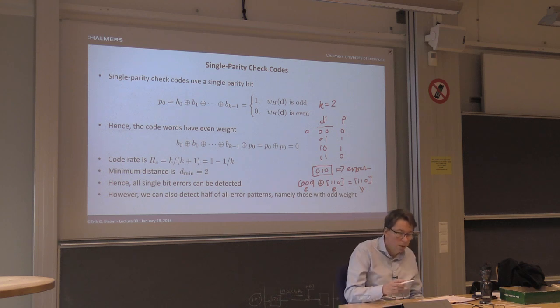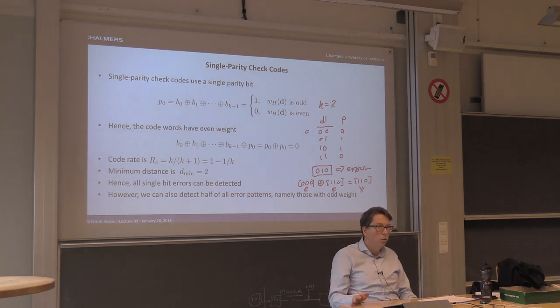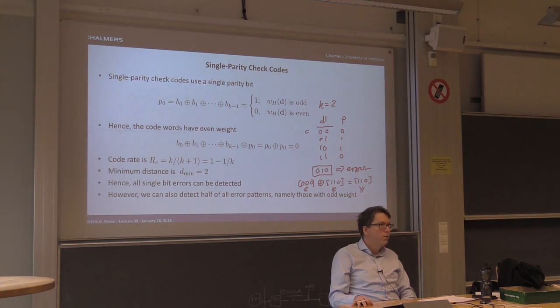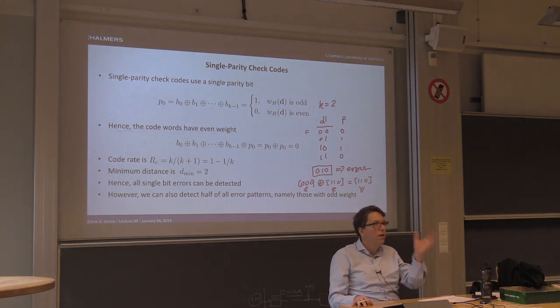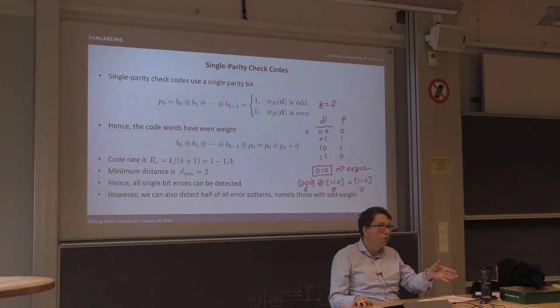Okay. So the single parity check code is a rather weak code, but it's also heavily used. Why is it used, do you think? It's not so complex. Yes, that's one important thing. It's extremely simple to do. You can do this with low-cost hardware and so forth. So these are used in memories, for instance, where complexity is very limited.